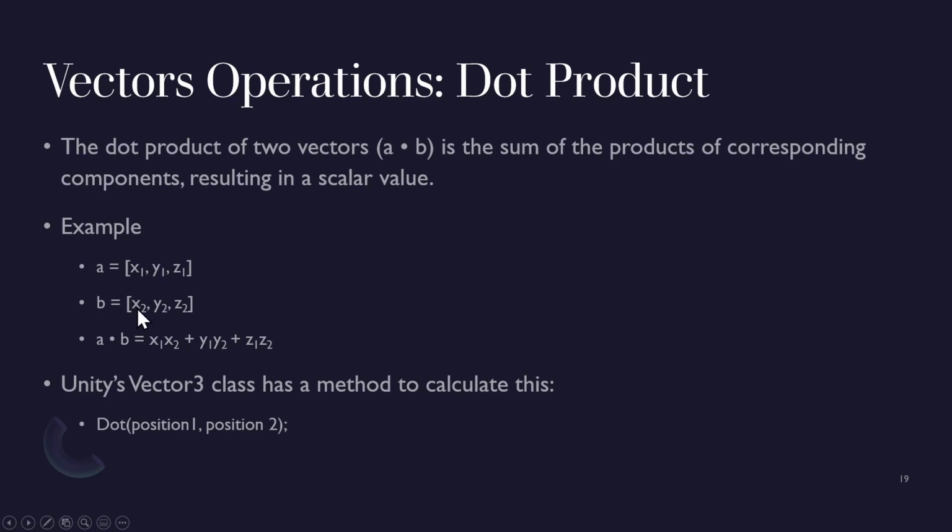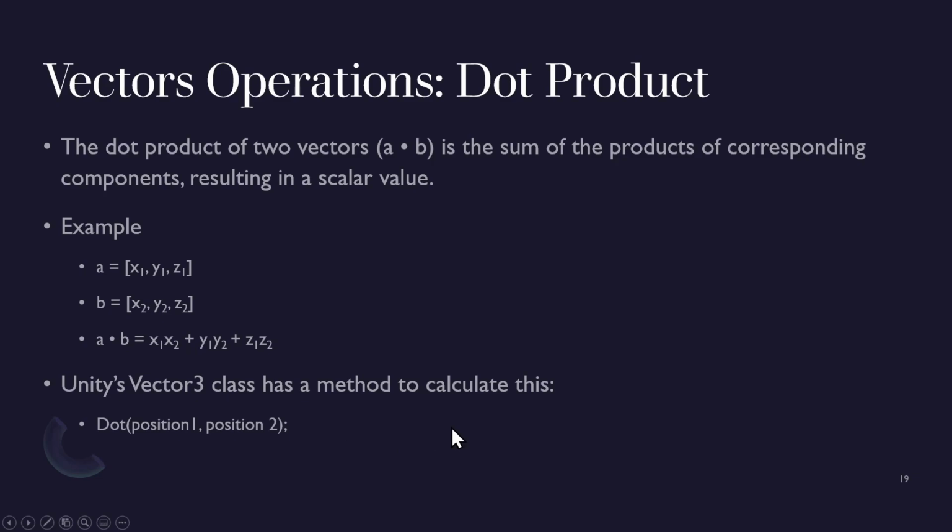You just grab the x1 and x2, multiply those, and then add y1 times y2, and then you add z1 times z2. And you don't actually ever have to calculate this yourself again, because Unity's Vector3 class has a method to calculate this called Dot. So you can just use that, and you never really have to worry about the math and making any mistakes while you're writing your code. You can just put it in the Dot method from the Vector3 class.